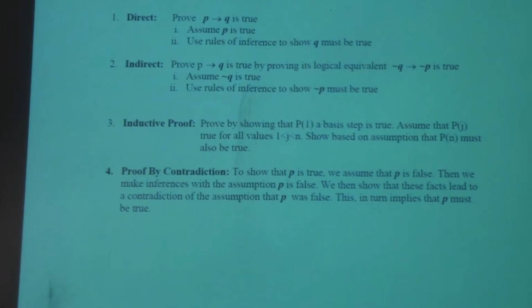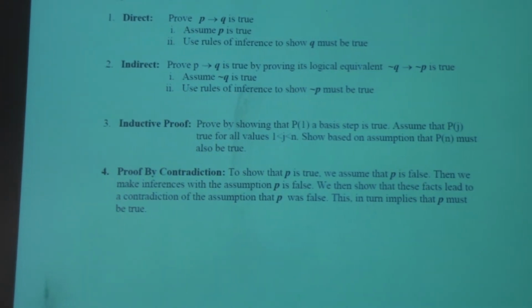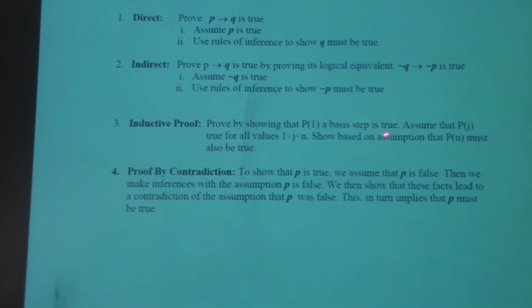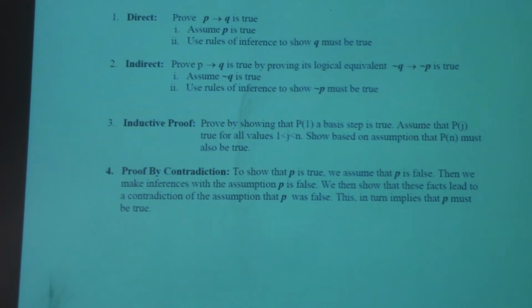Then we will assume that when you substitute J into the same statement, for values of J greater than 1 but less than some value N, it's still true. So we'll directly prove P of 1, and we'll assume it for 2 to n minus 1. Once we make that assumption, we will show, based on our assumption, that P of n must be true, given P of 1 being true and assuming that P of 2 through n minus 1 is true. If those two things are true, then it implies that P of n is true.